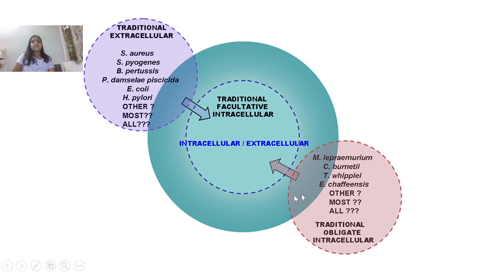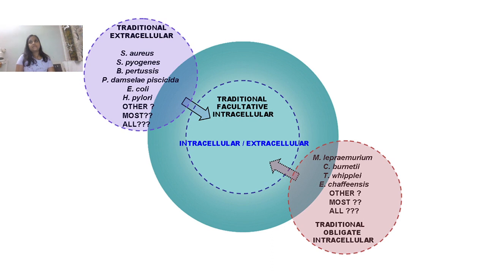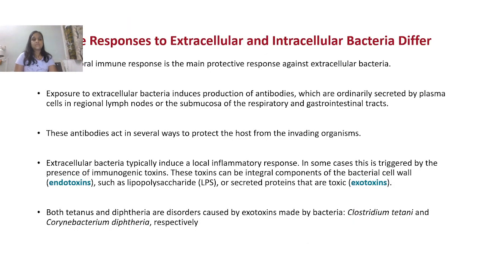Many are there, and some are able to survive both in intracellular as well as extracellular phase. Apart from that, there are different kinds of other divisions like facultative intracellular, obligate parasites, and facultative parasites. You can divide the bacteria into many different forms, and depending on that, you can classify them.